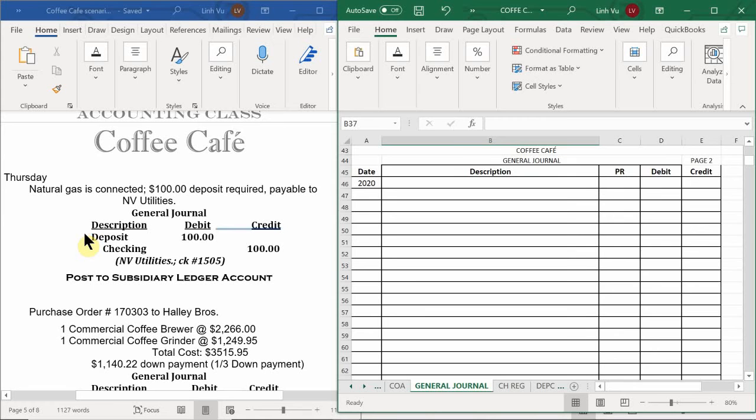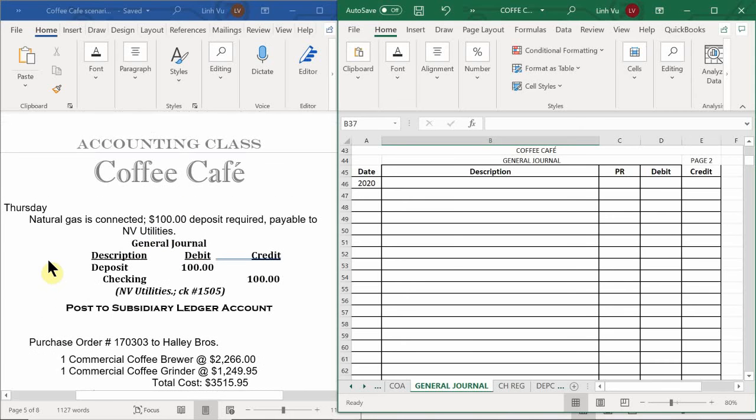So then on Thursday, still on Thursday, natural gas is connected and $100 deposit is required, payable to NV Utilities. So in this case, we need to turn on the gas too, and they required another deposit for the gas to be connected. Okay, because gas is very, very important, especially when you're in a business, because that pretty much runs, if you have a kitchen, that's going to be running the kitchen.